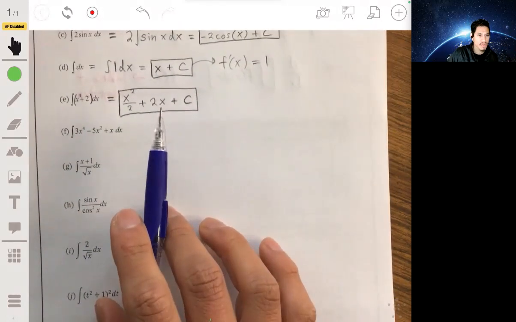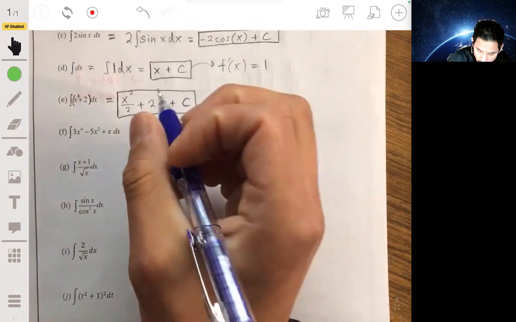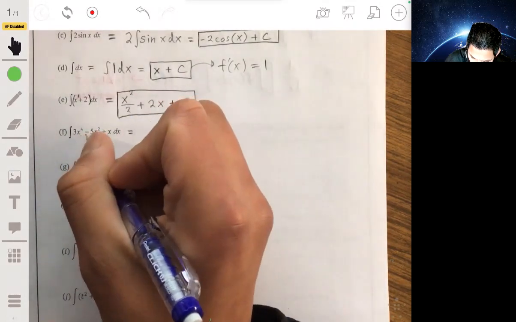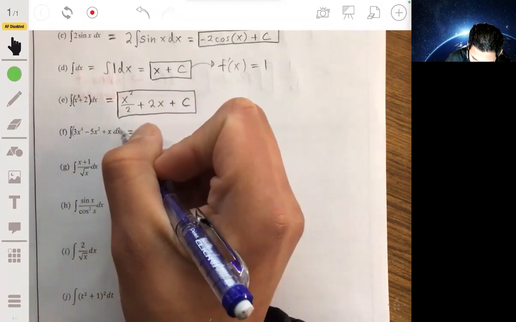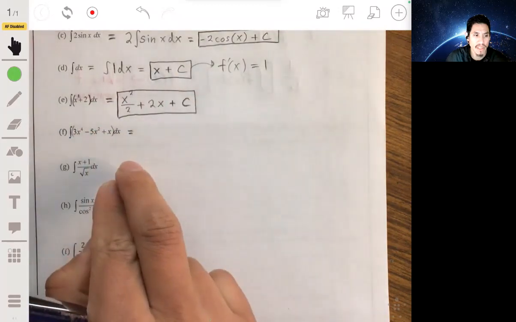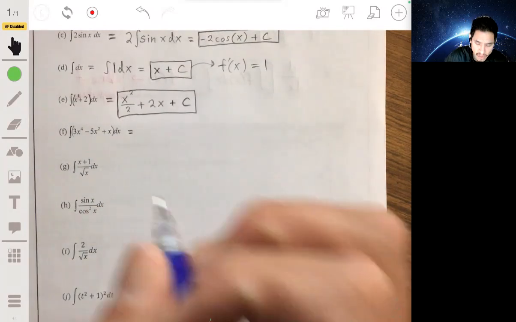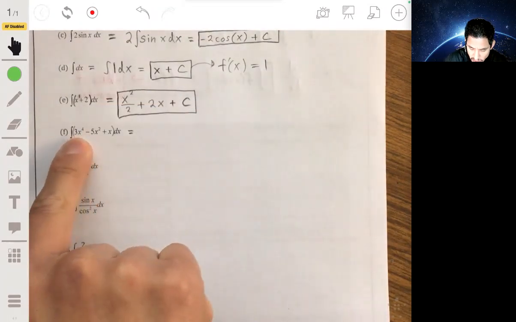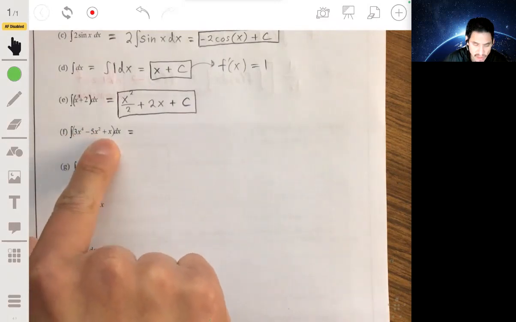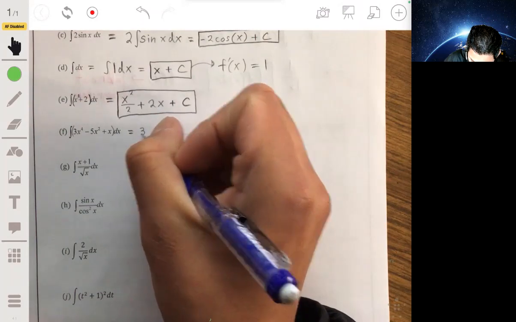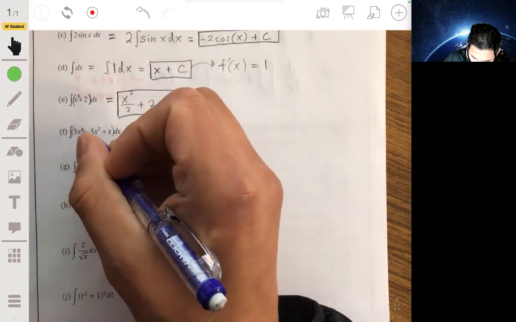All right, f. Okay, here we've got, again, a polynomial, and technically it is all being multiplied by dx, but it usually won't be written that way. So we just take the antiderivative of each of these, one by one. Remember, it's 3x to the fourth.